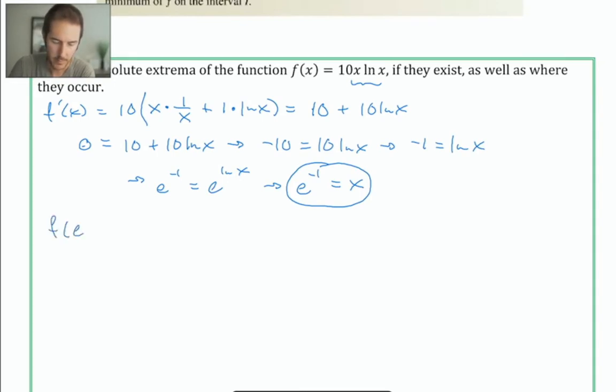F of e to the -1 equals 10 times e to the -1 times the natural log of e to the -1. Now here's that other instance of the natural log and e canceling out, so that's going to leave us just with a -1.